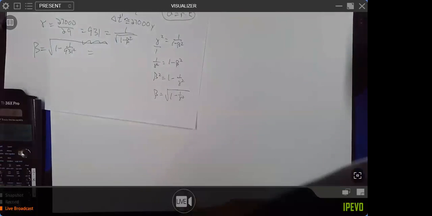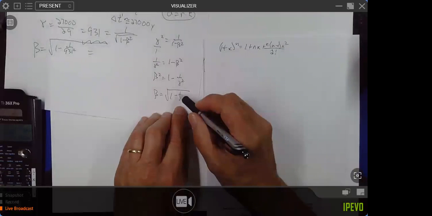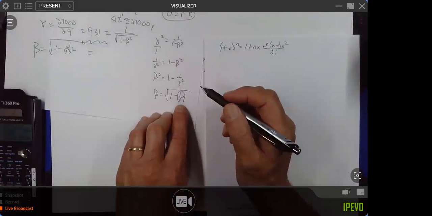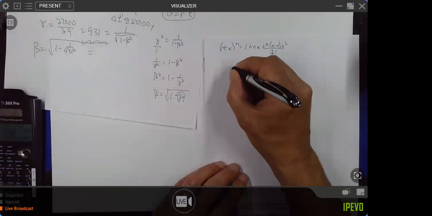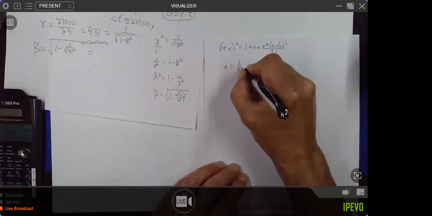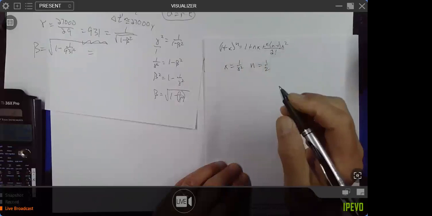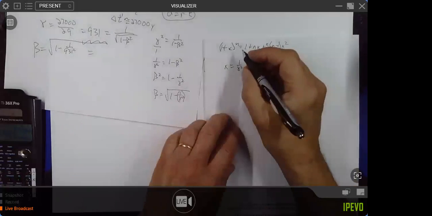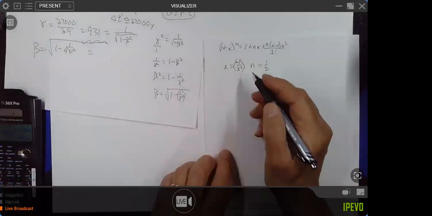So there's our series expansion. And let's see if we can do it for a value of this thing that's going to be very small. So in our case, our x is going to equal 1 over gamma squared. Our n is going to equal 1/2. And actually, it's going to be minus 1 over gamma squared is what our x is going to be.